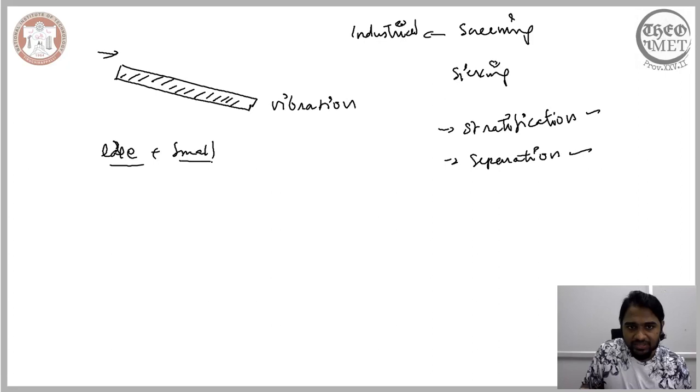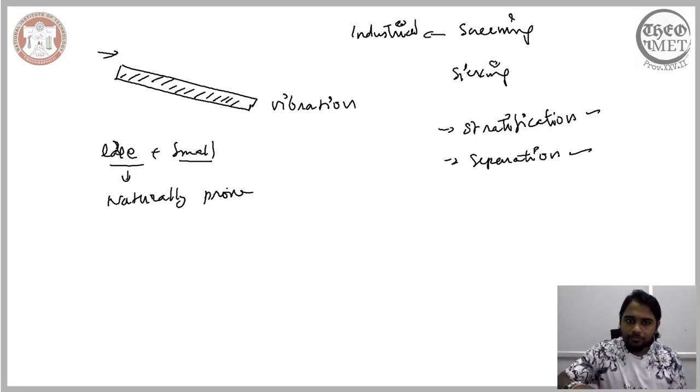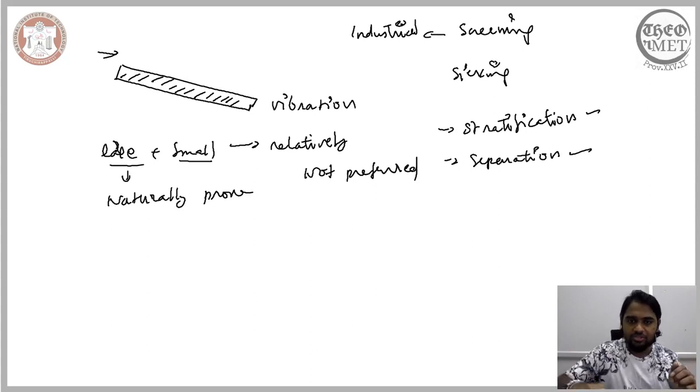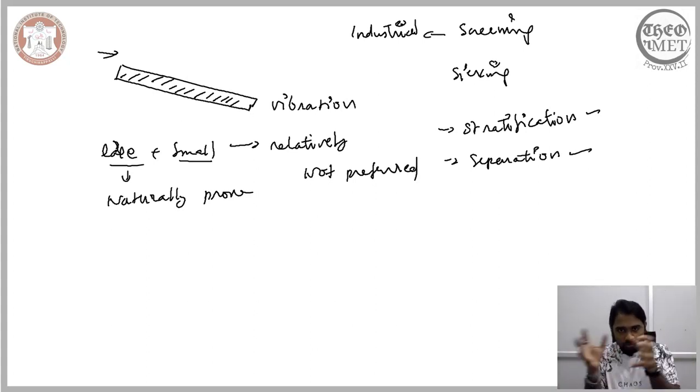Owing to their sizes, the large particles are naturally prone to settle on the surface of the screen, whereas the small particles are not as preferred. So your feed to the screening process comprises large and small particles.